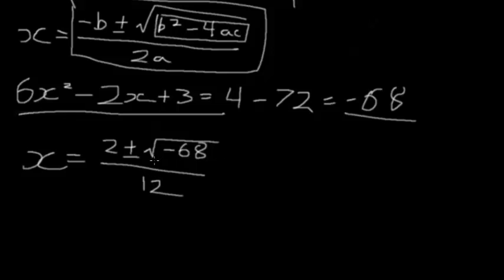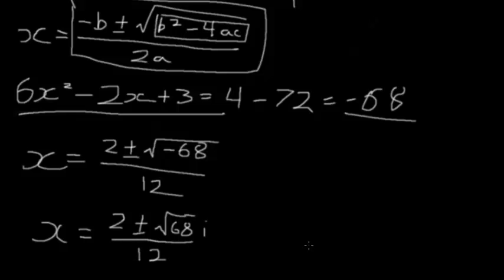Okay, now when we solve this, what's the root of 68? So 2 plus or minus, let's just make it the root of negative 68 i. There we go, imaginary number placed. So that's how imaginary numbers are used, and that's what we learned from our big project 6. Thank you.